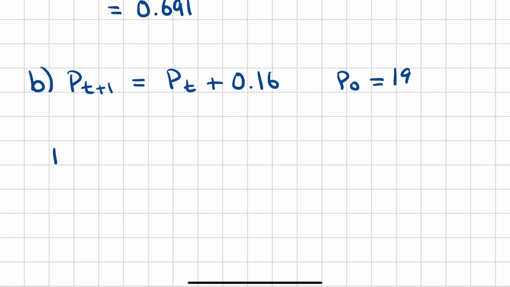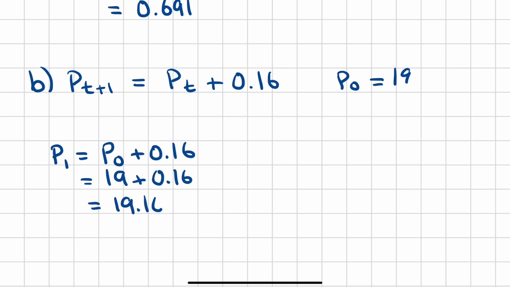So for the initial one, when t is equal to 0, p1 is equal to p0 plus 0.16. And so this will be 19 plus 0.16, which is equal to 19.16. What about p2? This is going to be equal to p1 plus 0.16.